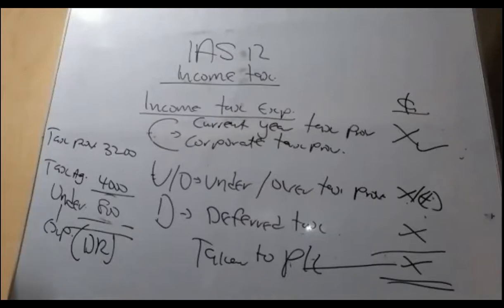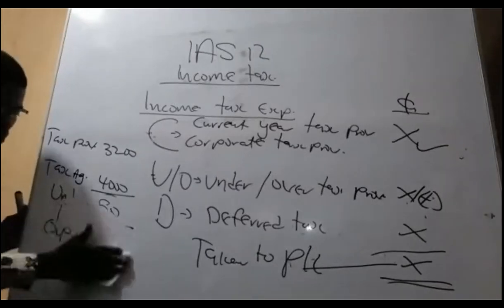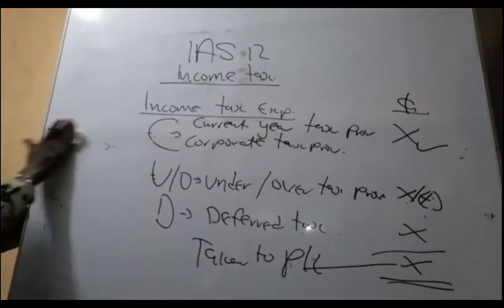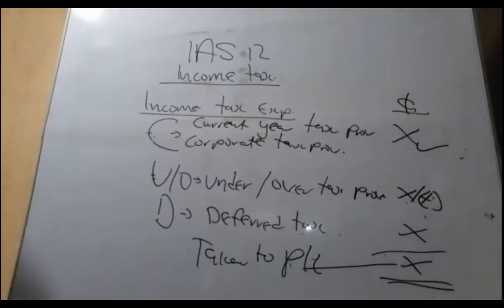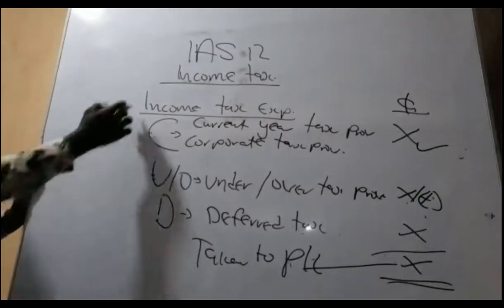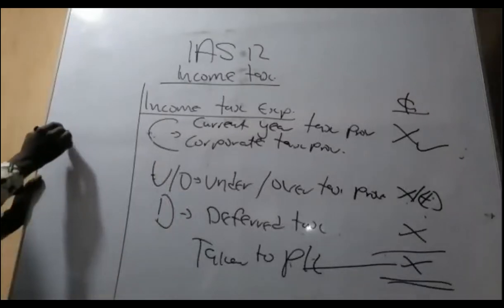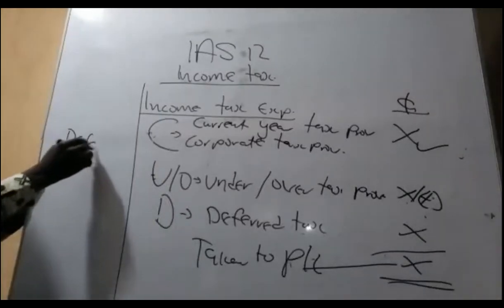Good. Now you can use the first video to get the explanation of deferred tax. We are going to consider the working of the deferred tax. Good. Now the deferred tax is the movement. This is the movement. So what you do is you open a separate workings again and call it what?